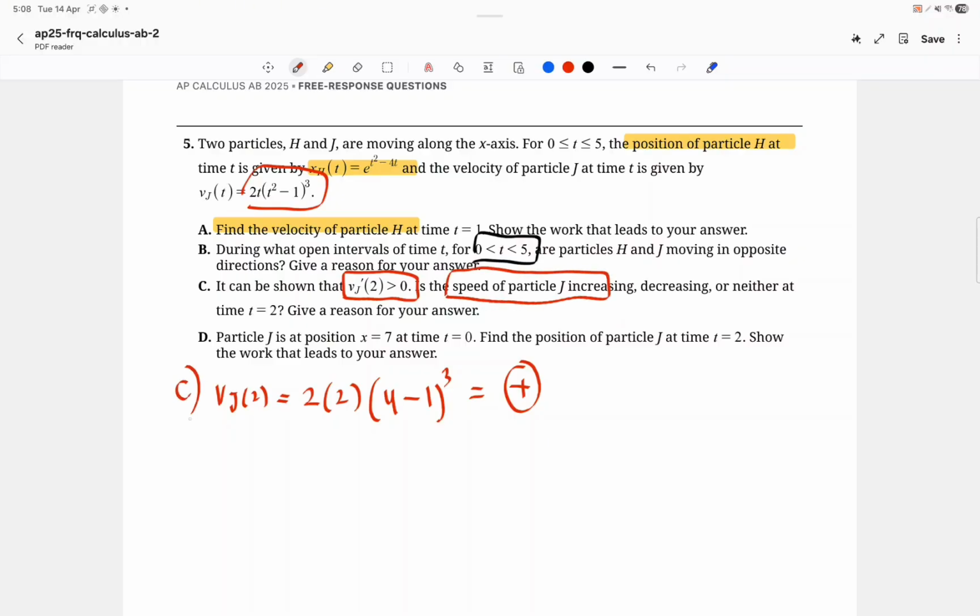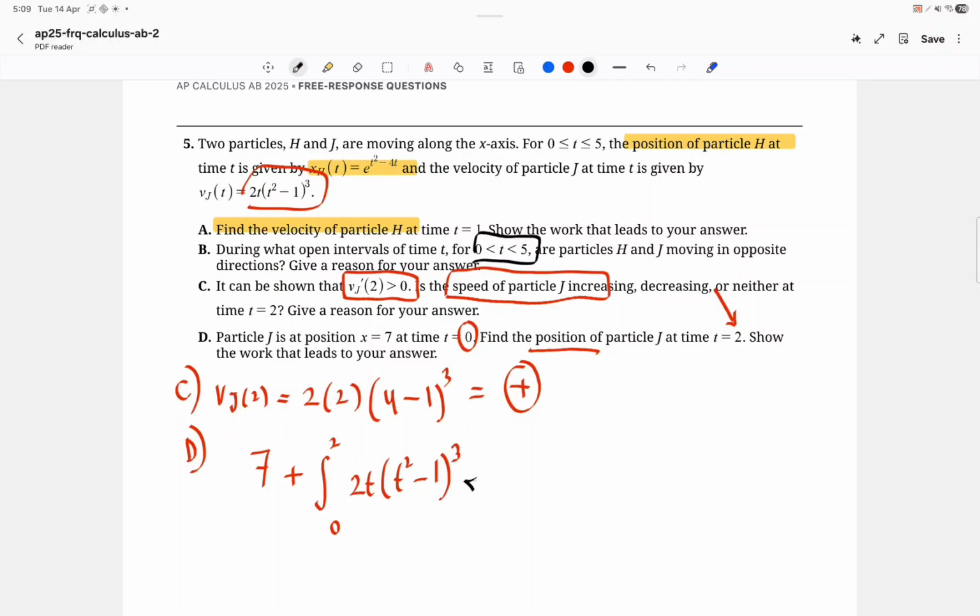Now for part D, it says that the position at time 0 is 7. So 7 plus, you must now integrate from 0 to 2. Integrate what? To find position, you must integrate the velocity. That means you must integrate VJ, which is 2t times t squared minus 1 cubed.